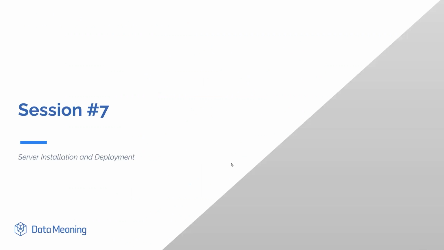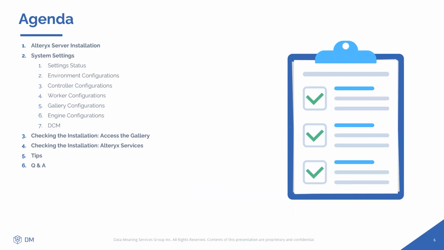So let's begin session 7 and what we're going to cover. First, I'm going to speak about the installation itself, which is pretty straightforward. Then we're going to go to the system settings configurations, where I'm going to see with you all the details within the complete server environment in a single noded environment.